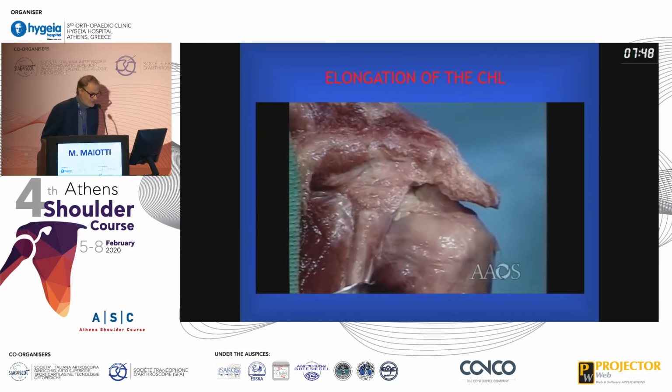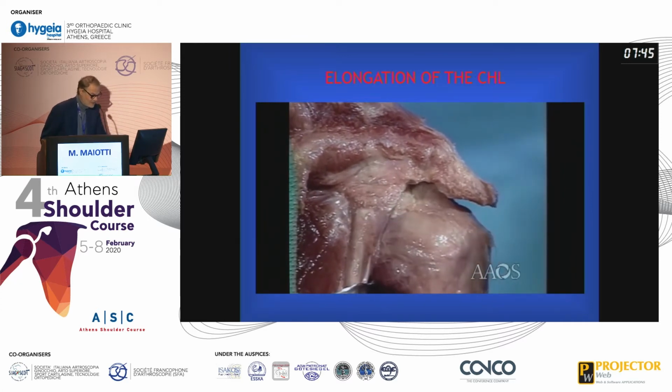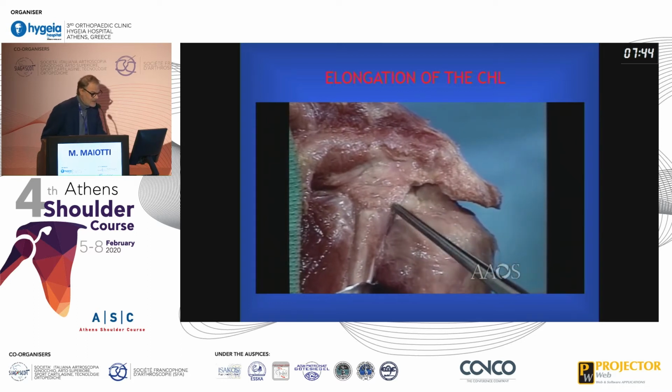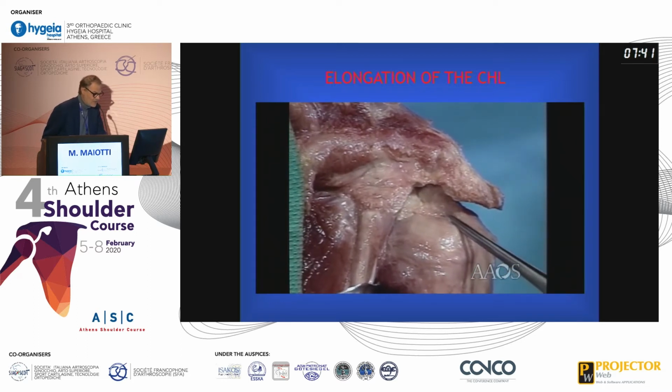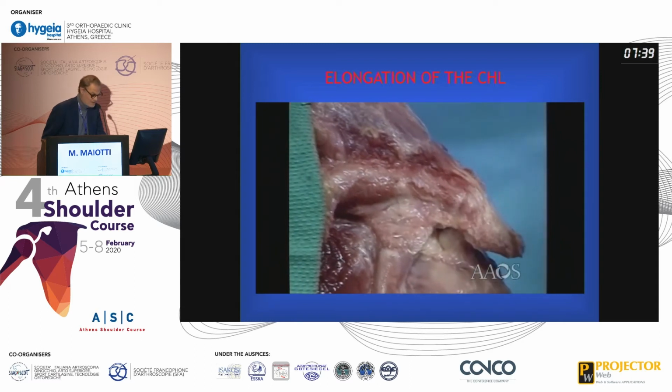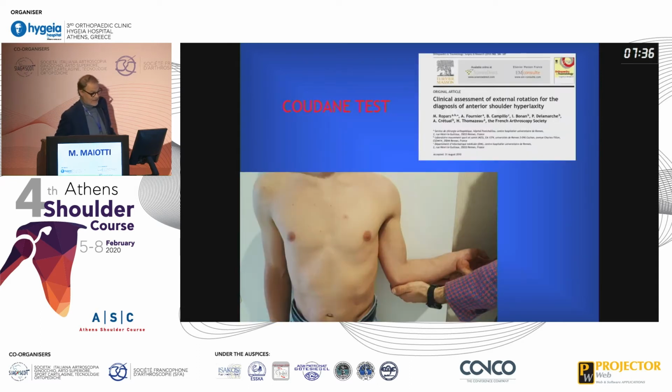So there is an elongation of the coracohumeral ligament, and the head goes down in an abnormal way. Then there is another test that we always use before choosing the operation, the Gagey test, that shows you that you have a problem in the anterior capsular portion.